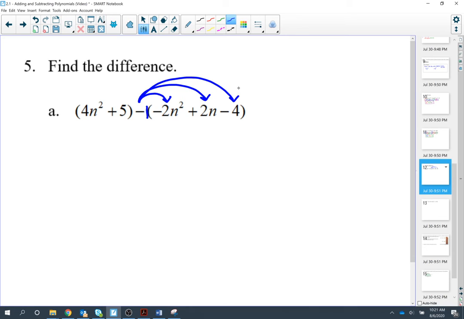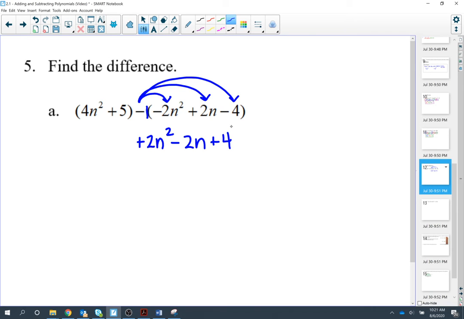So if I take a look at -1 times -2n squared, a negative times a negative is really a positive. So that's going to get me a +2n squared. If I take a -1 times a 2n, that's going to be a -2n. And if I take a -1 times a -4, that's going to be a +4.